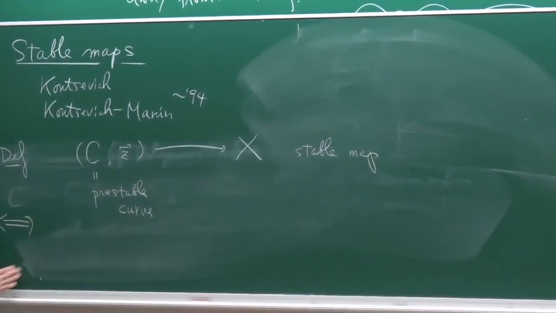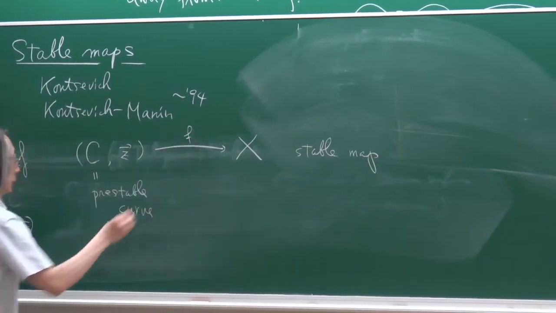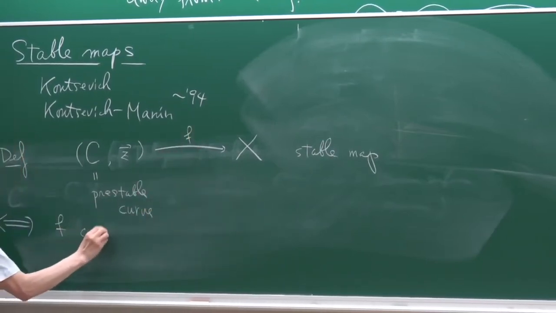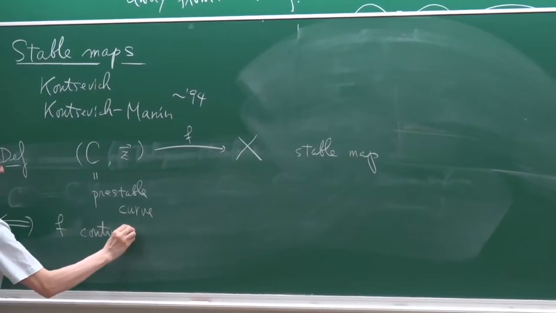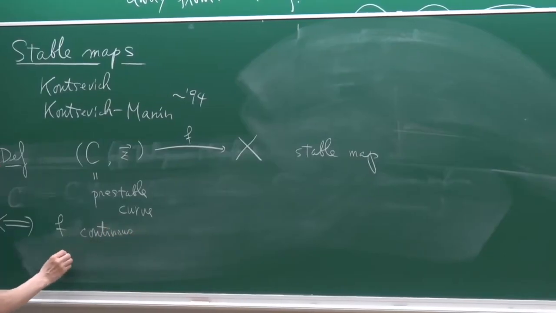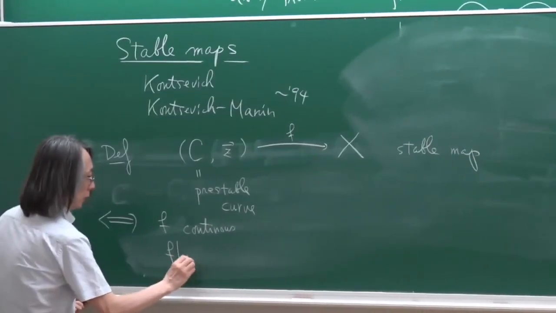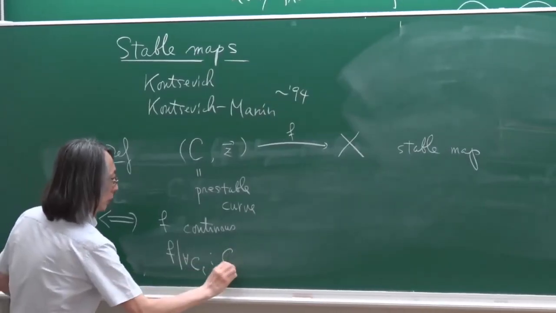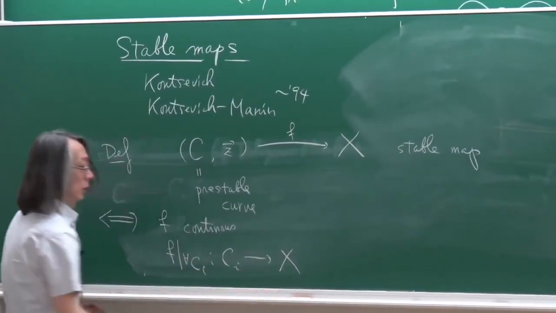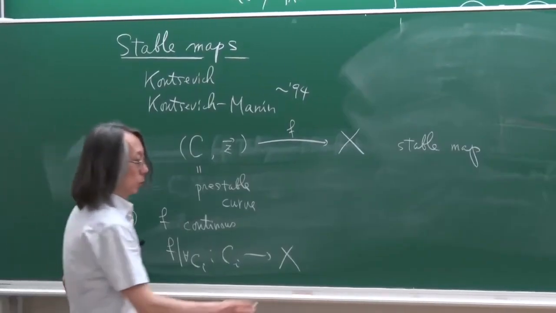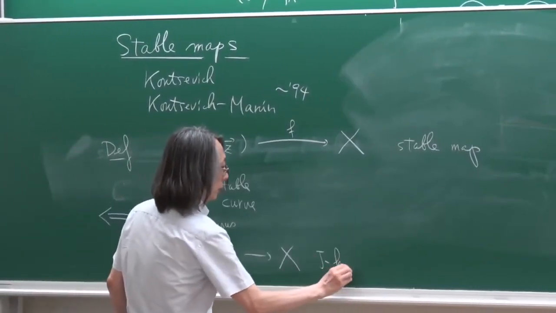So first of all, it is a continuous map. So let's say F is a continuous map. And then if you restrict F to each component, this is actually a holomorphic curve, so a J-holomorphic curve.